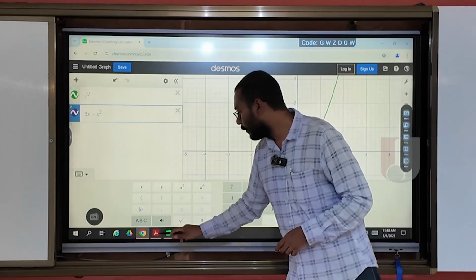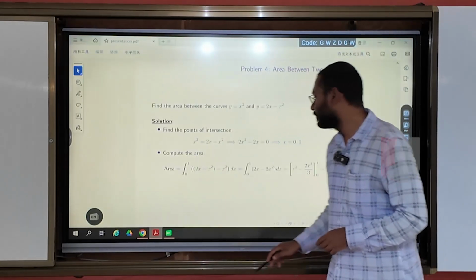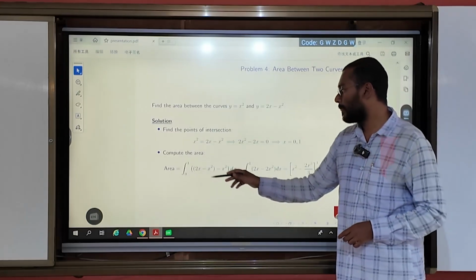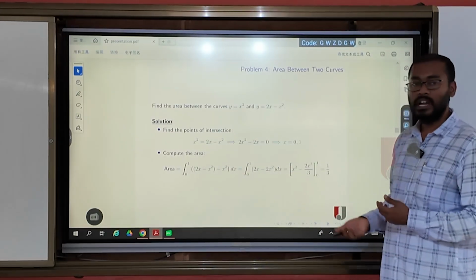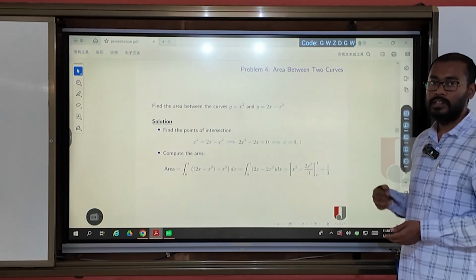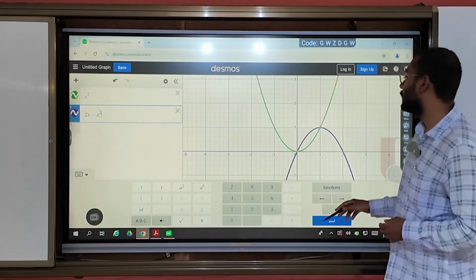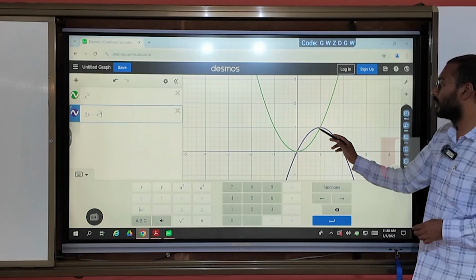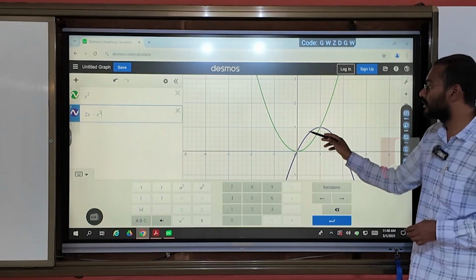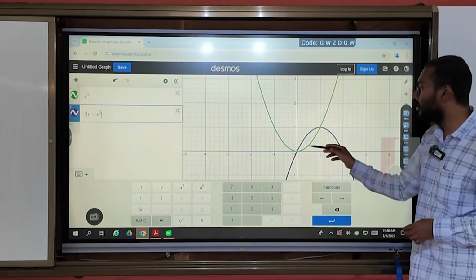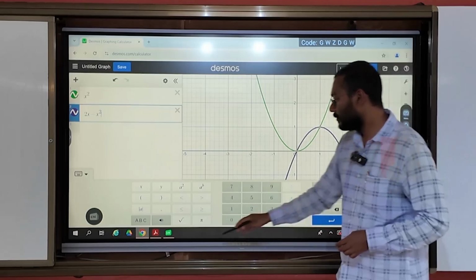Now using the formula for the integration, it is from 0 to 1. Here also the same thing: which curve is above and which is below, we have to understand. From the graph we can see that this purple color curve is above, that is 2x minus x square, and below it is x square.